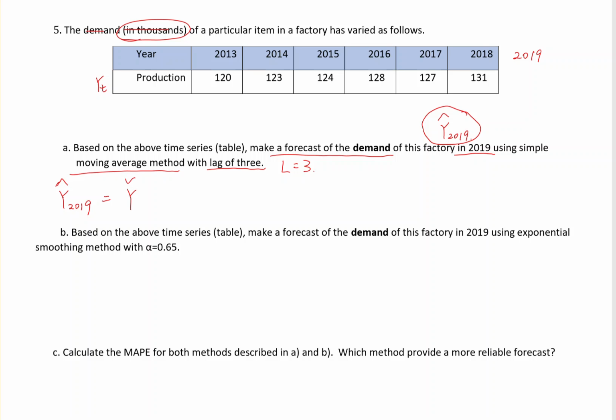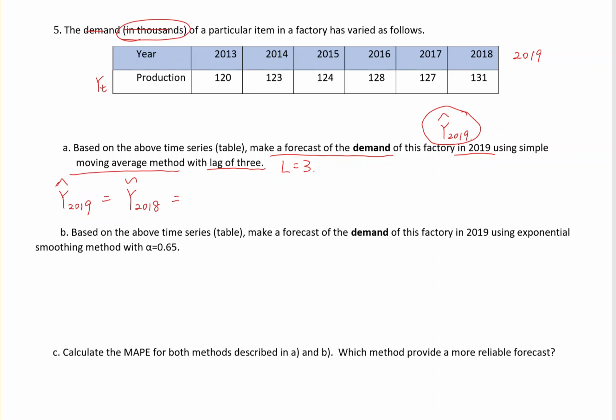You need the estimated value of 2018, right? To find this, we say it is lag of 3, so we are averaging 3 observations.